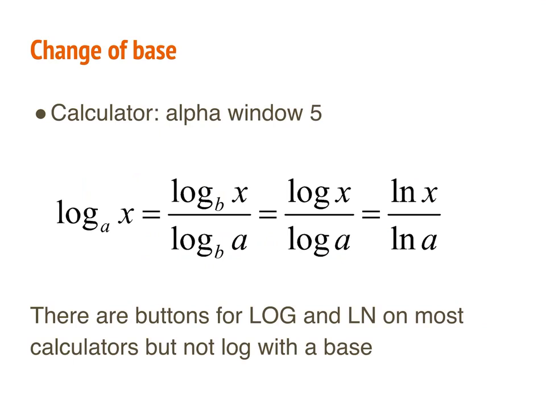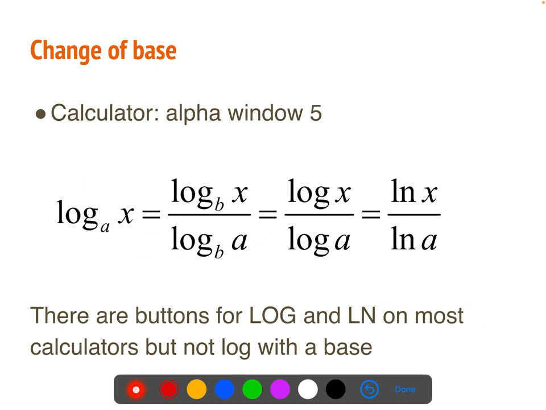The first log law we're going to look at is actually useful. It's the change of base. We use this one when we have a little bitty base down here on the word log, and we don't have the ability in our calculator to put that subscript. The calculators in the classroom, you would use the alpha button, then the window button and choice 5, and it has a little template.